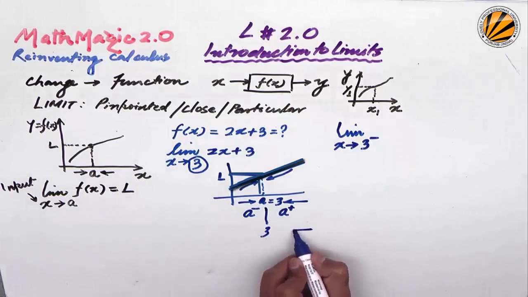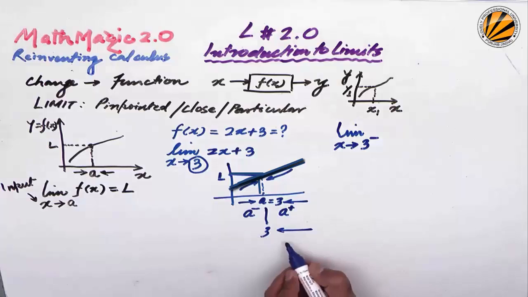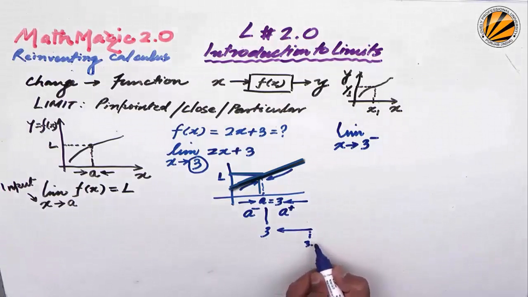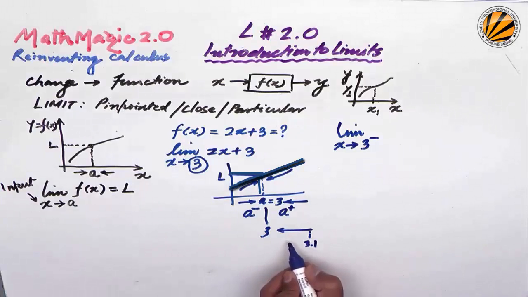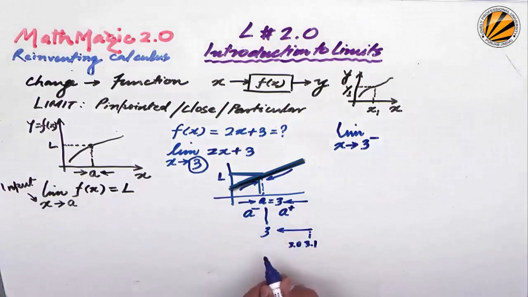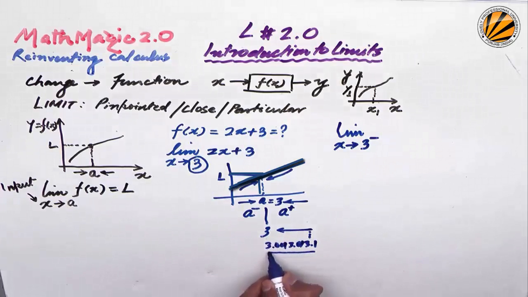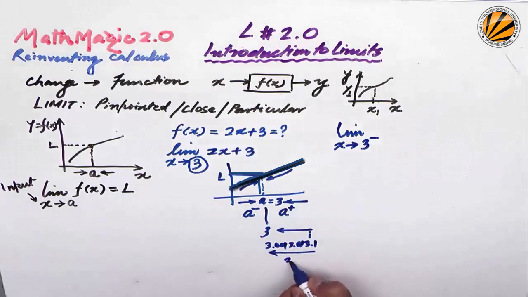When we are approaching from the right hand side, it will be from 3.1 to say 3.01, 3.001. This means the 3 is being approached from this side, which is depicted by a superscript of plus.